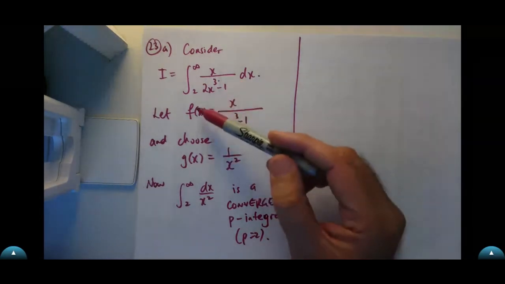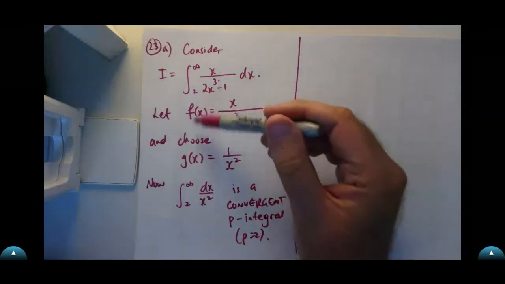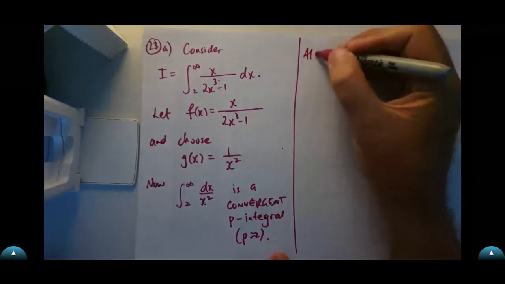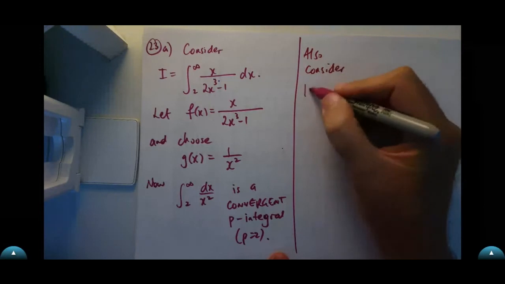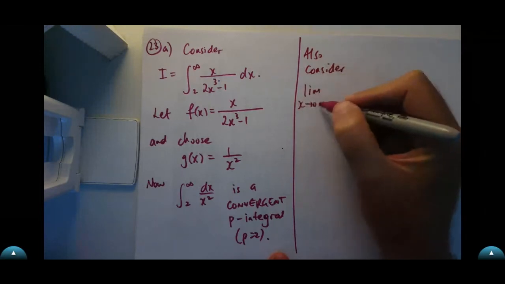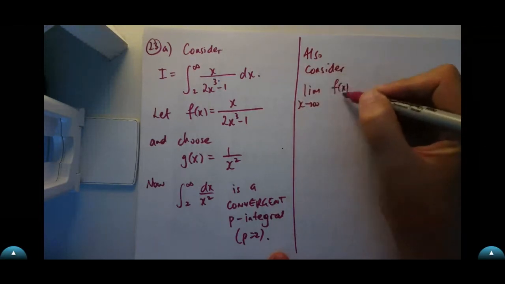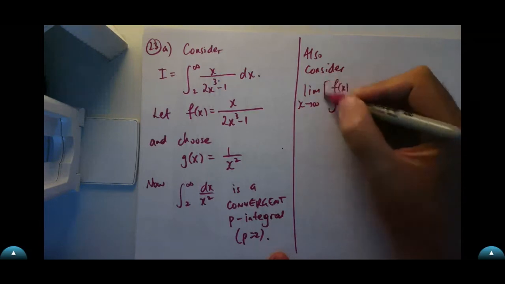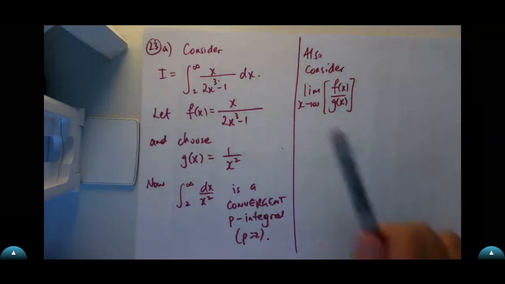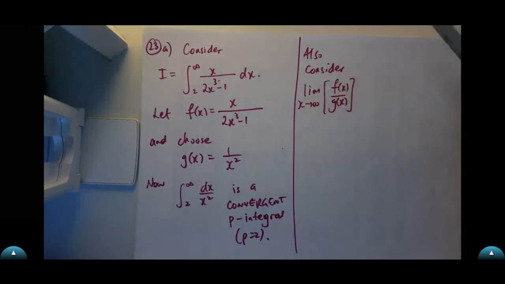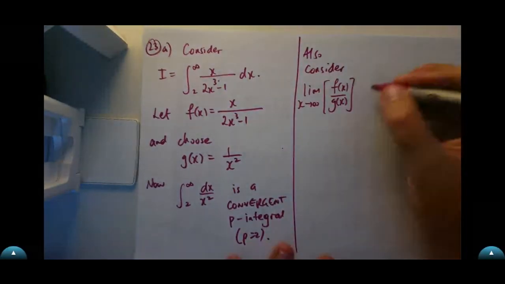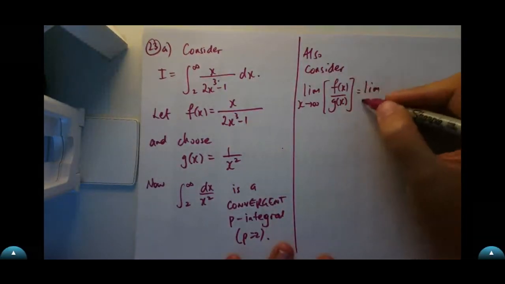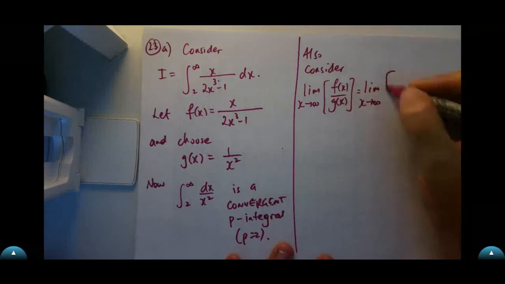The other thing we want to check is the limit of this f over g. Okay. If the limit of this ratio is finite, then whatever this new integral does, the original integral must also do. Okay, so it's a bit messy, but it's just a little bit of algebra now.